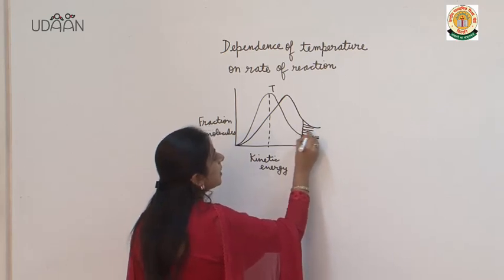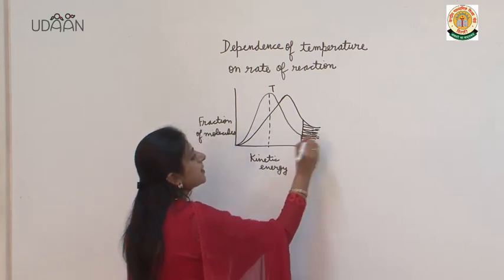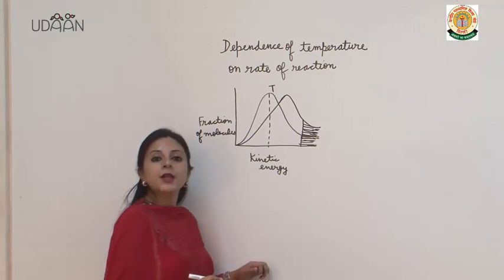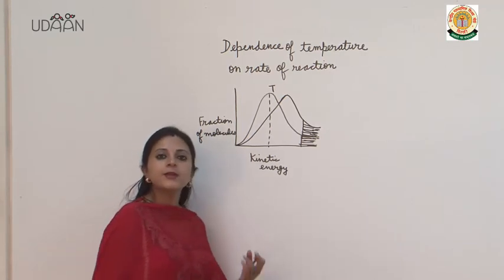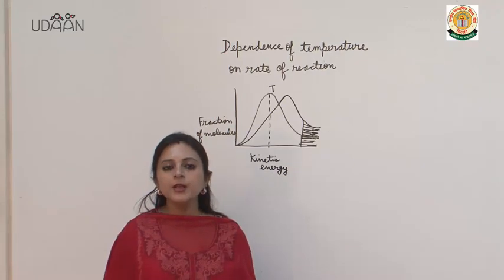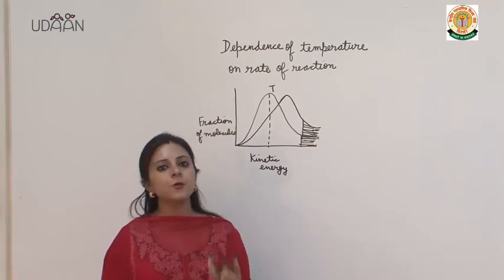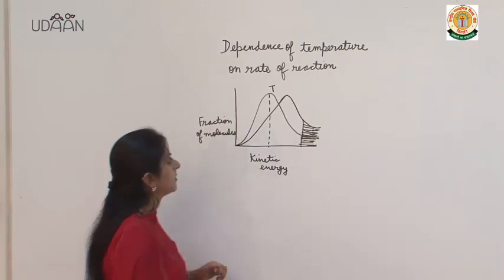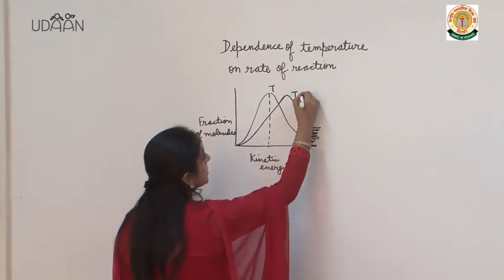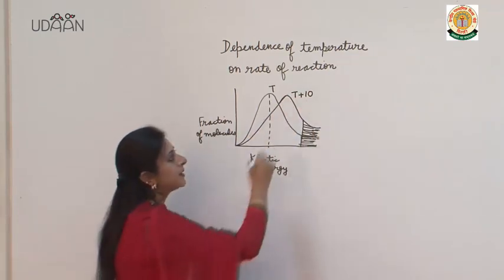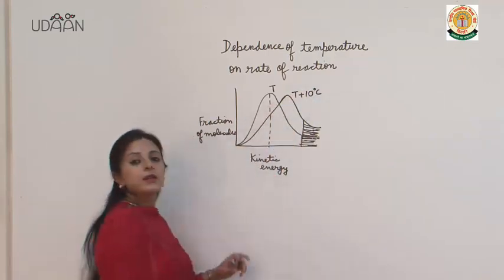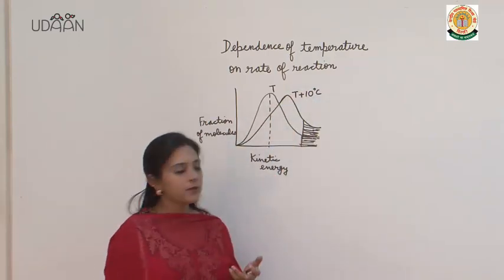That means the molecules which are possessing the threshold energy becomes double. So that means the rate of reaction will become double, क्योंकि जैसे ही threshold energy को वो cross करेंगे, reaction will take place. So this is the curve which is obtained at T plus 10 degrees Celsius. We have raised the temperature by 10 degrees Celsius.